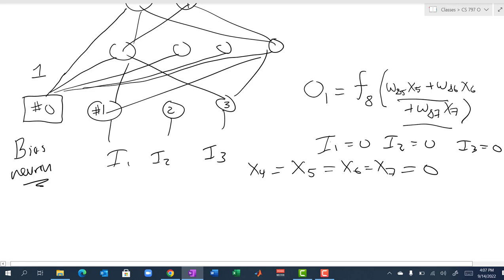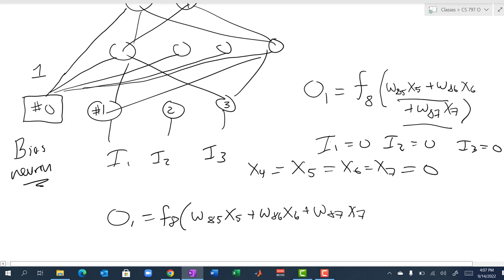The addition of the bias neuron changes this to this formula. And let me add in number 4, which I forgot last time.